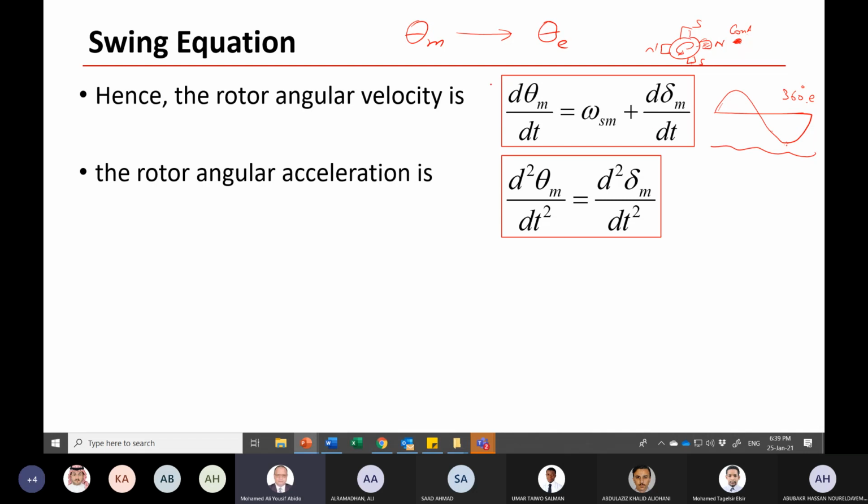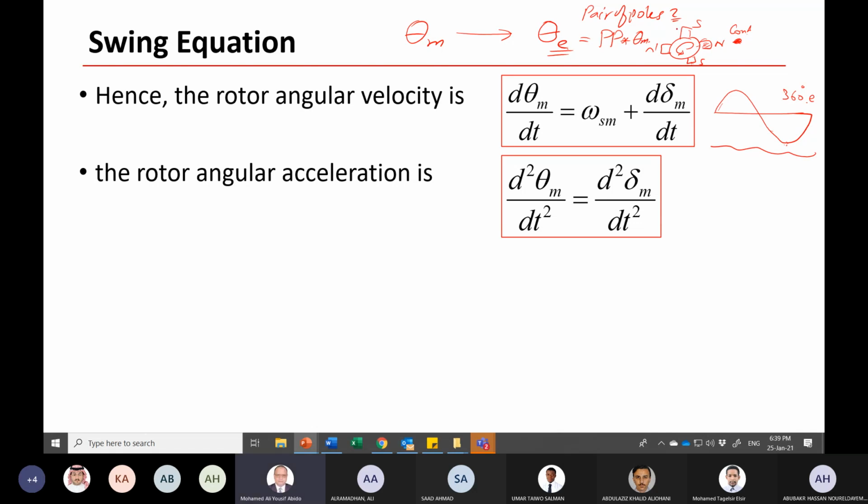So the conversion between the mechanical angle and the electrical angle is related to the number of poles, or specifically the number of pairs of poles. How many pairs of poles do we have here? Two. So theta electrical equals the number of pairs of poles times theta mechanical.